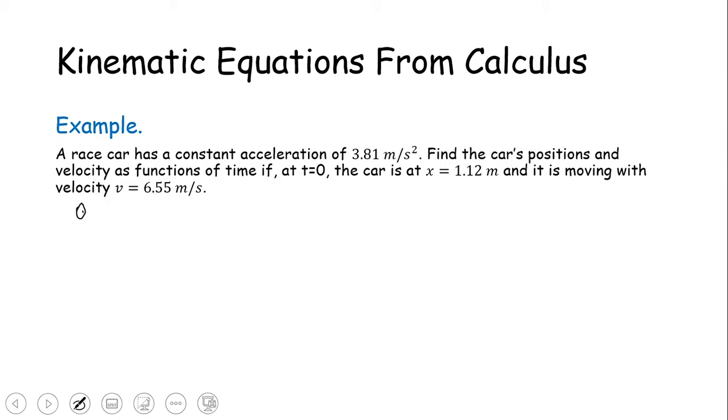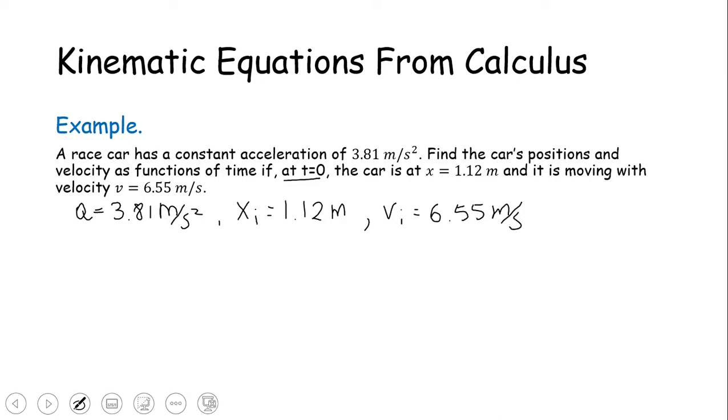We're given that the acceleration is 3.81 meters per second squared. And the other two numbers here, because they're at time t0, they represent the initial position, which is 1.12 meters, and the initial velocity of the car at time t0, which is 6.55 meters per second.